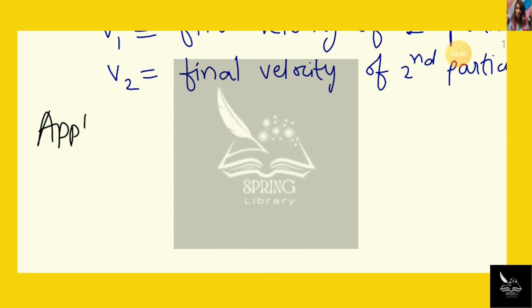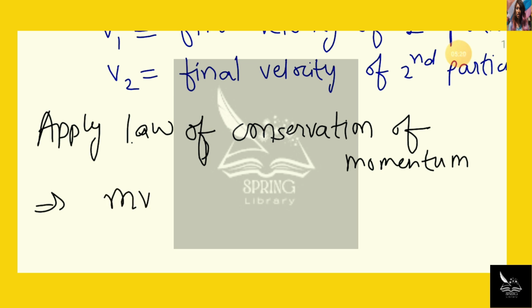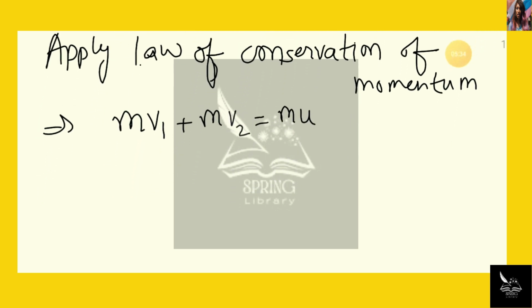The next line will be written as mv1 plus mv2 is equal to mu. That means the linear momentum after collision will be equal to the linear momentum before collision. After solving I will get the equation v1 plus v2 is equal to u. So this is equation number 1.